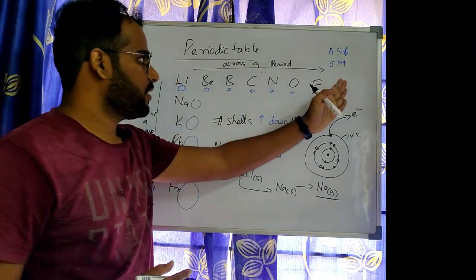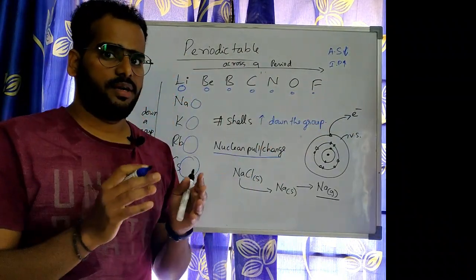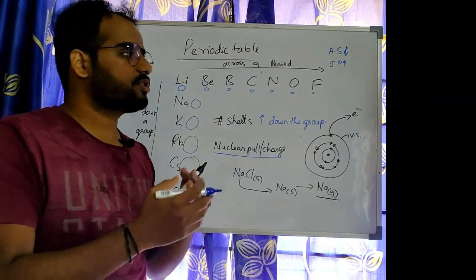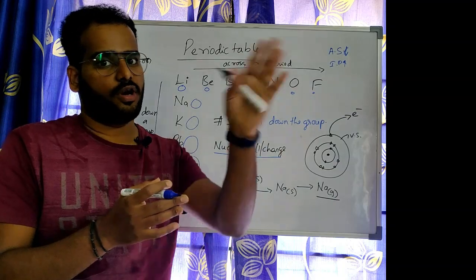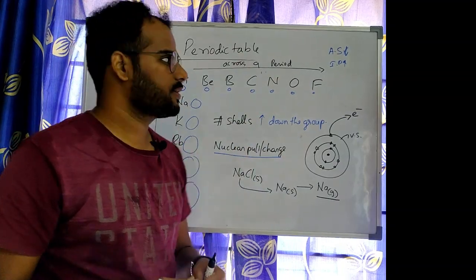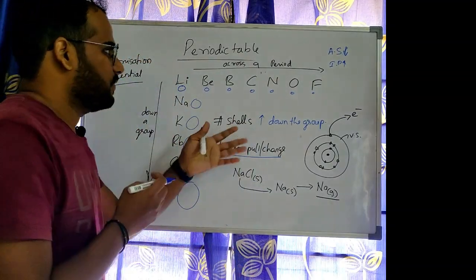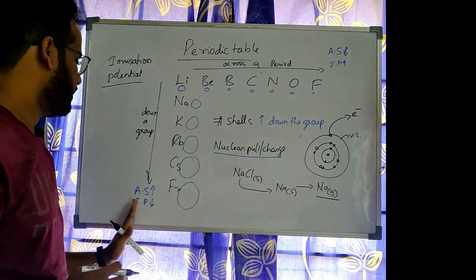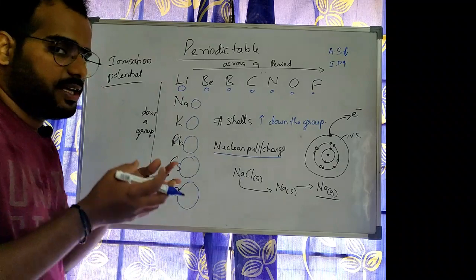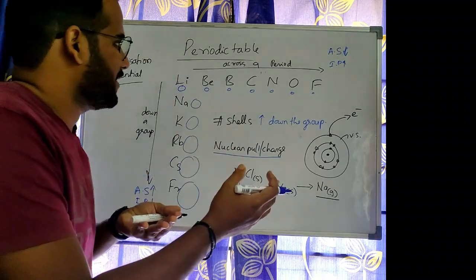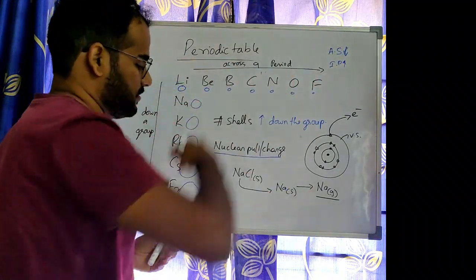But across the period, the room is the same, the teacher becomes more and more strict as you go across, and it will be difficult for the students to go out of the boring lecture class, right? So that's why the trend is that down the group the ionization potential decreases. For these elements less energy is required to remove an electron. Across the period it increases.